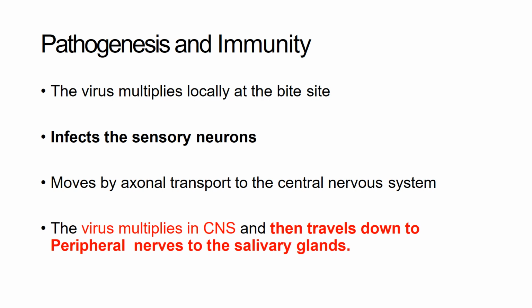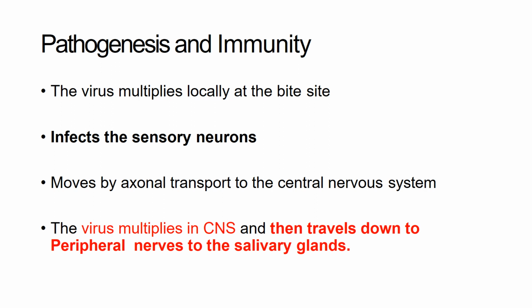The virus basically multiplies locally at the bite site where the animal has bitten the human or any mammal. It infects the sensory neurons and moves by axonal transport to the central nervous system. This is also known as retrograde transport. The virus multiplies in the central nervous system and causes the disease known as encephalitis.